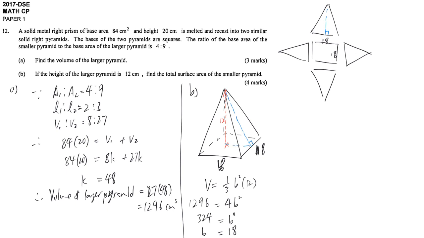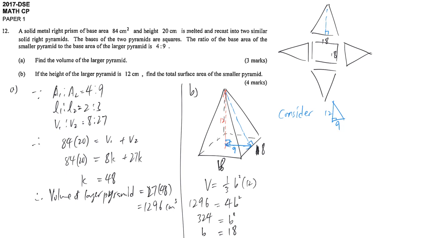To get the blue line, we try to use the Pythagoras theorem, because this is the height, that means this is vertical. And if we consider the cross section, this is 12. Furthermore, we know that the distance here is half of the length, because you may consider it's at the middle of this base square.